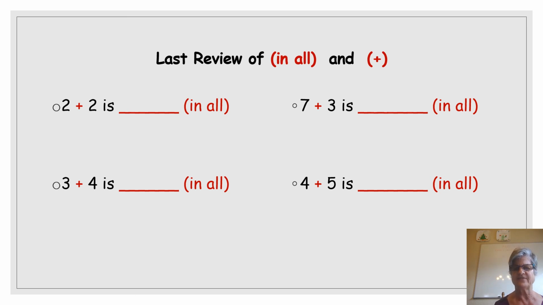Now let's go to the very last problem on that page. And it says 4 plus 5 is blank in all. Or you could say 4 and 5 is blank. Again, taking a crayon, draw 4 objects on your piece of paper.